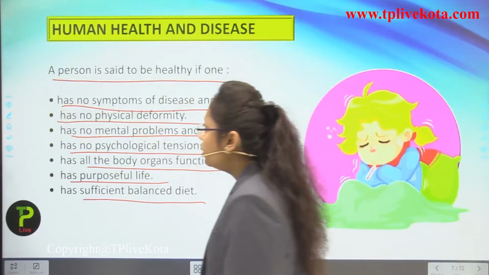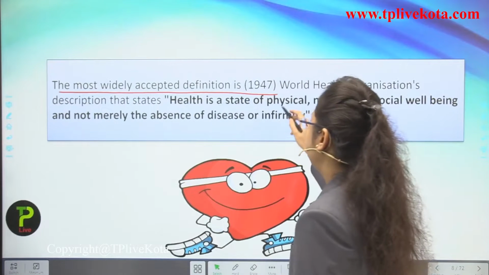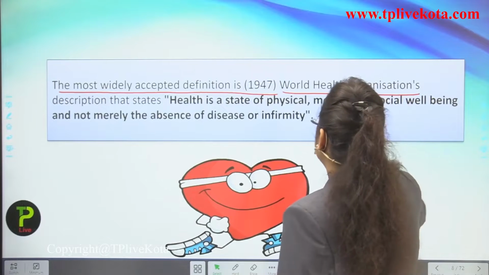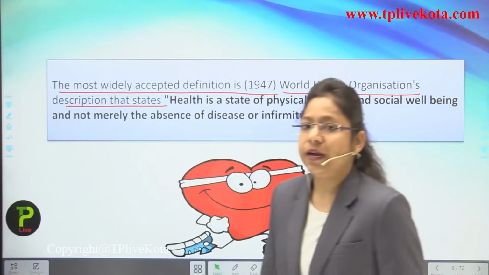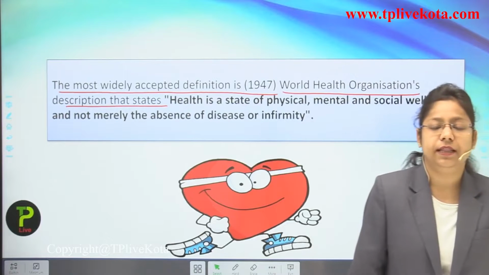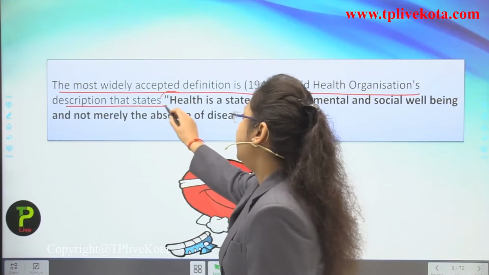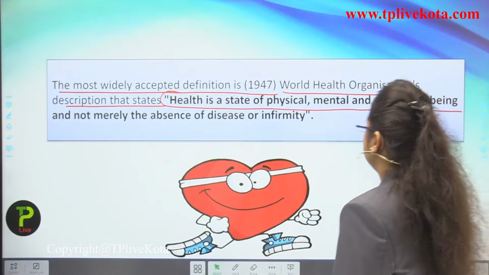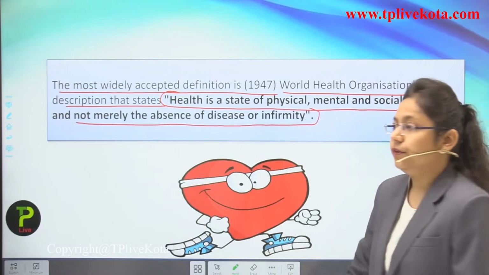Healthy. Students, now the most widely accepted definition is the 1947 World Health Organization description. The WHO, that is the World Health Organization, has given the definition of health. Let us see. Health is a state of physical, mental and social well-being, and not merely the absence of disease or infirmity.